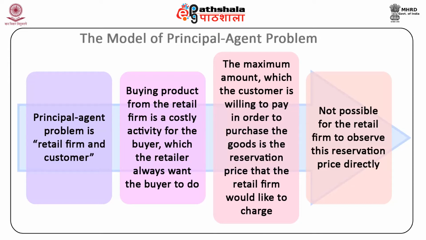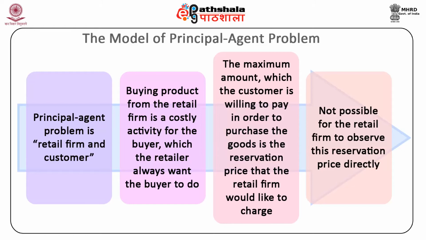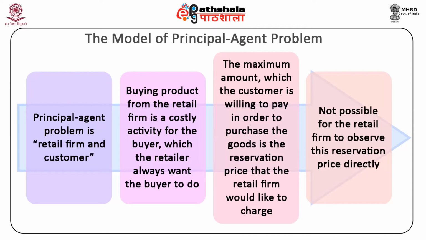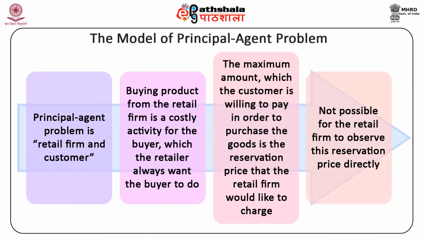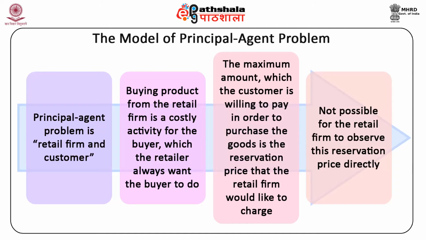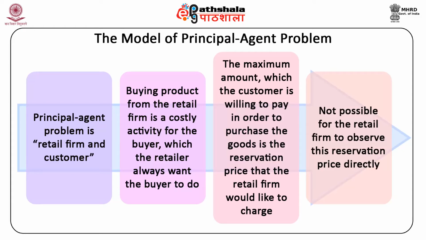Thus, in order to know it, the retail firm tries to observe the change in purchases of goods by different customers with different tastes. The amount paid by the customer when there is a change in taste is assumed to be the reservation price. Here, the retail firm, being the principal, faces the problem of designing a price schedule in order to maximize profit. This is a kind of principal agent problem.